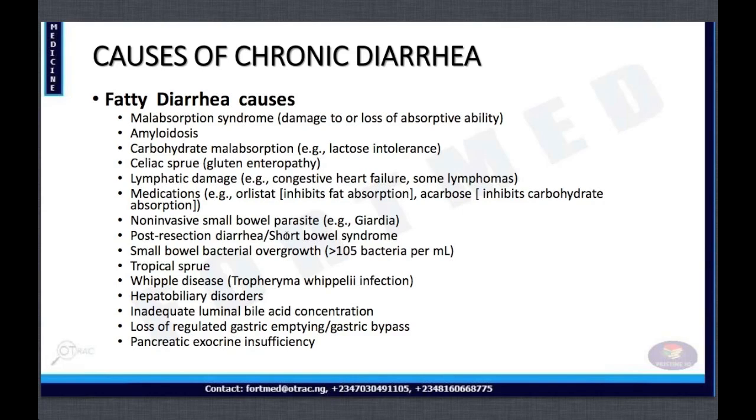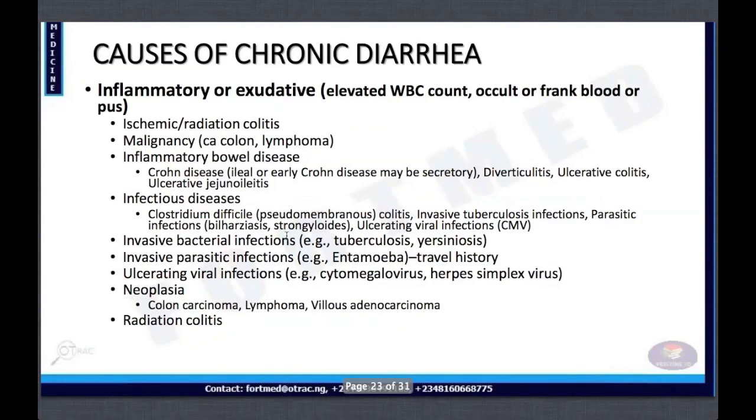Fatty diarrhea is caused mainly by malabsorption of fat or carbohydrate, or as in celiac disease where there is gluten intolerance. Other causes are listed here.